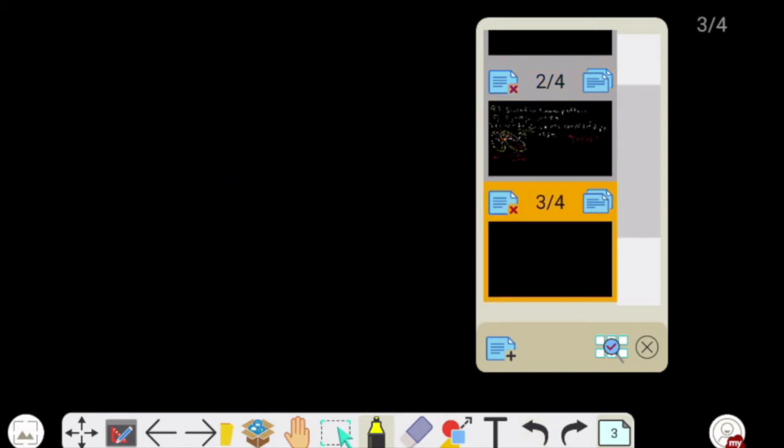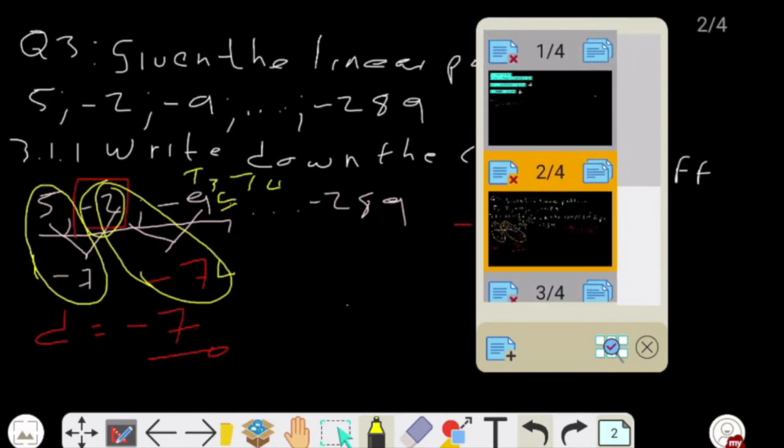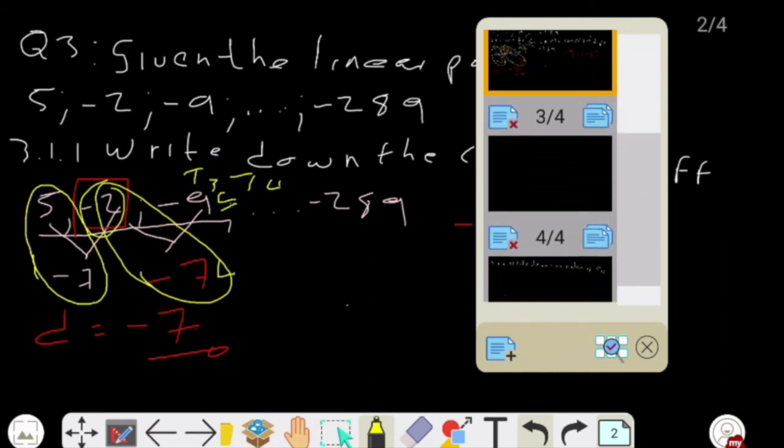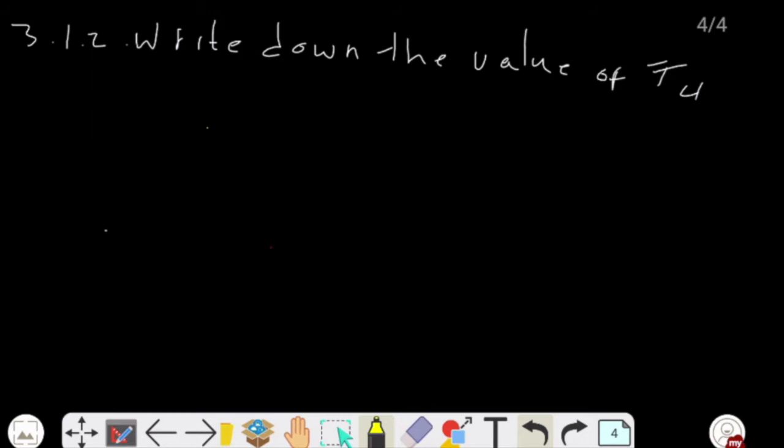Meaning your term 4 will equal negative 16.